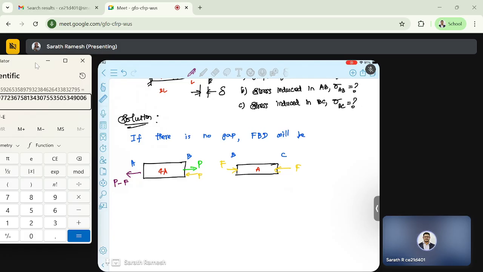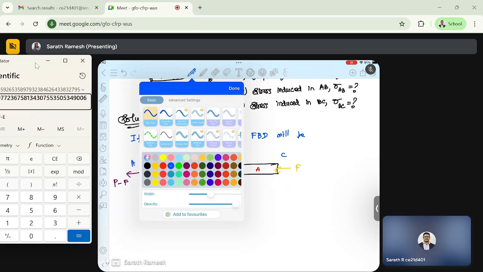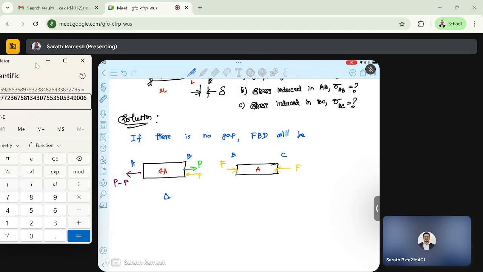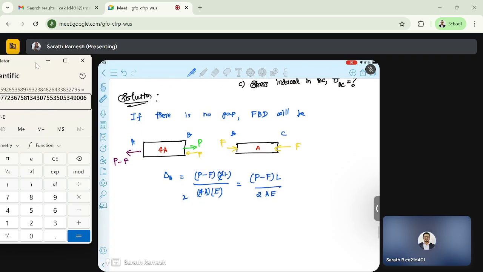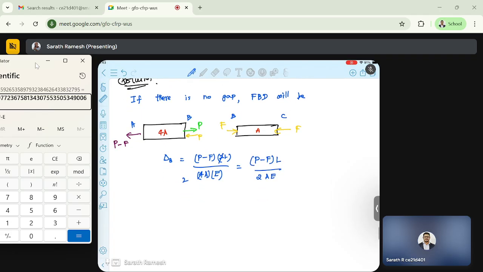Delta B will be P minus F times 2L by 4A times E. So this will be P minus F, this 2 gets cancelled, L by 2AE. Fine. This is delta B.